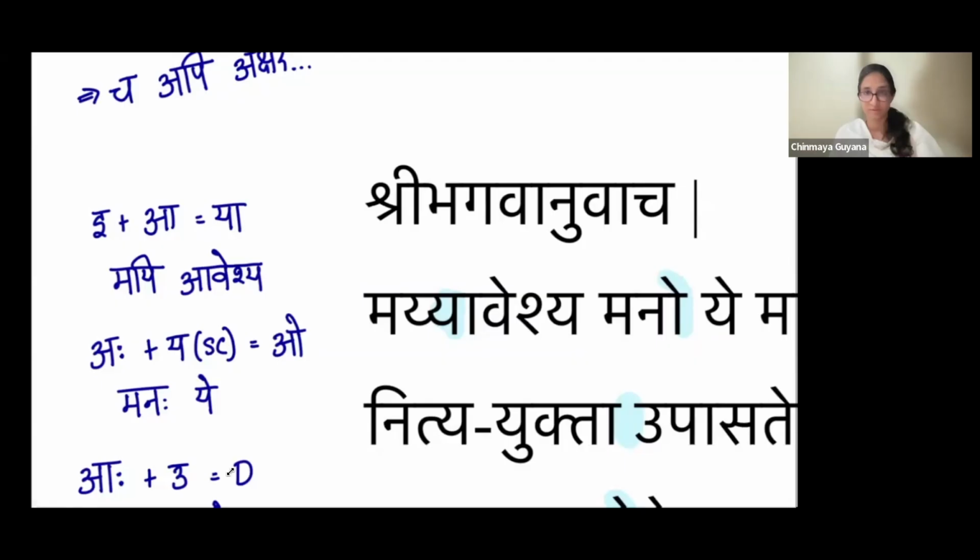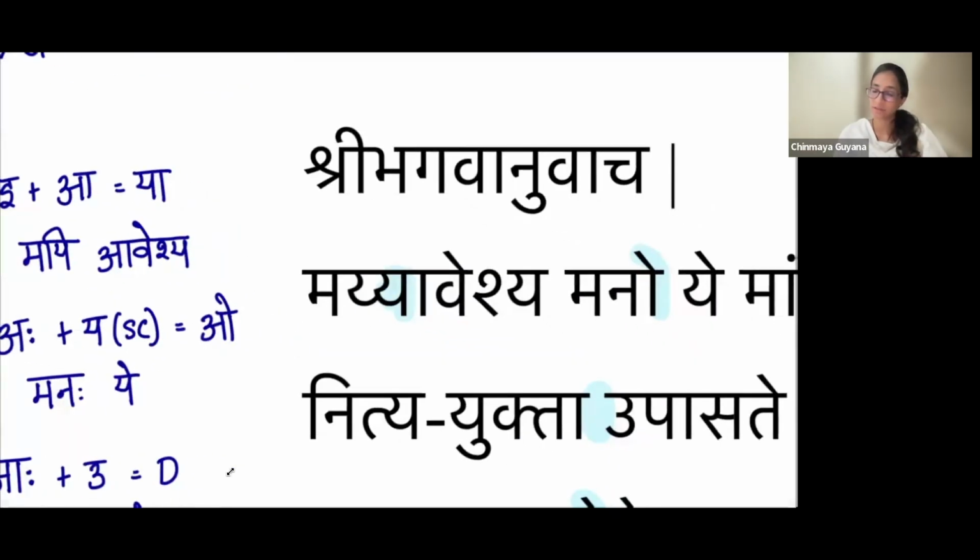It is a visarga sandhi because there is a space. If there wasn't a space, then it would have been a vowel sandhi. Because there is a space, it necessarily means it cannot be a vowel sandhi. It has to be visarga.